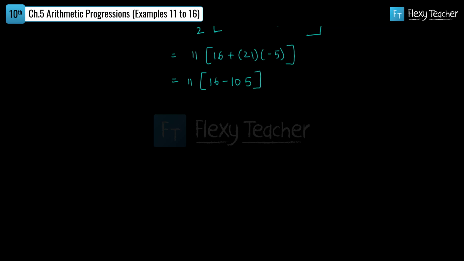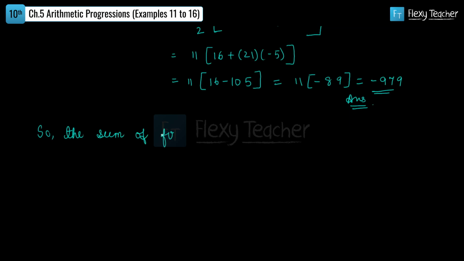Okay, so this is equal to 11 into minus 89, and 11 into minus 89 is minus 979, and this is our answer. So the sum of first 22 terms of the given AP is minus 979.